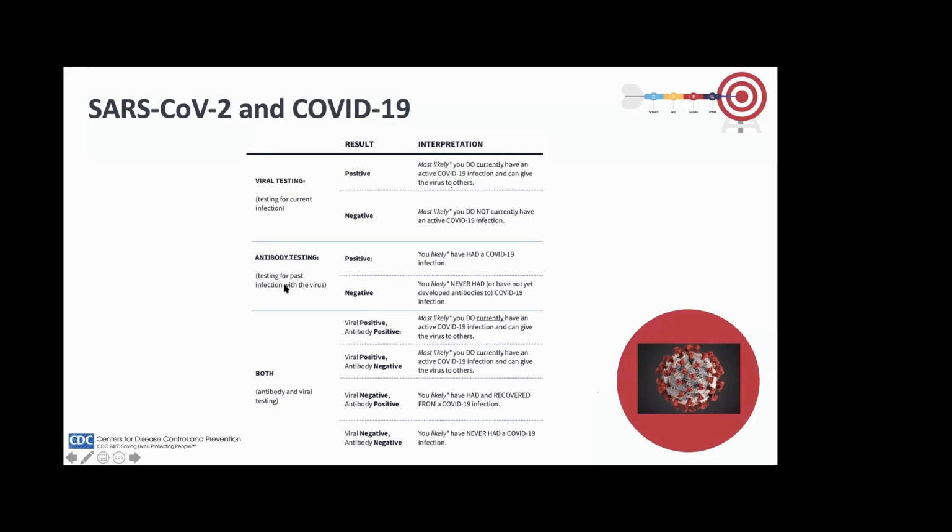The antibody testing indicates whether you have an old or past infection. If it's positive, likely this patient had COVID-19. But I want to warn that in respiratory viruses, because there is no viremia all the time, you do not activate your adaptive immune system all the time.